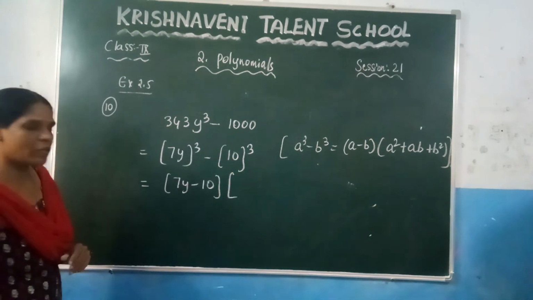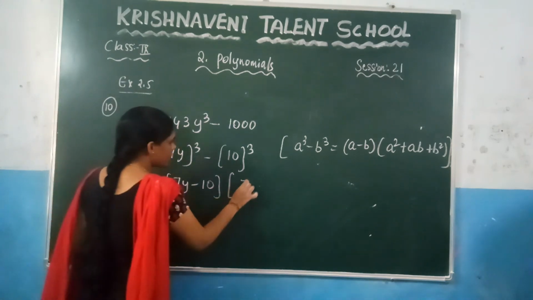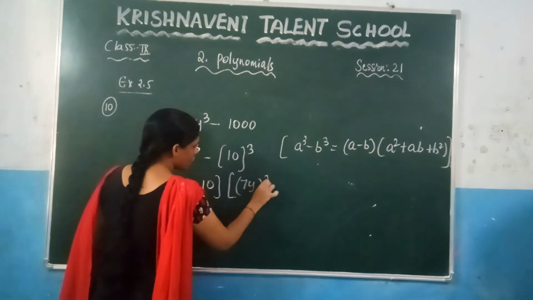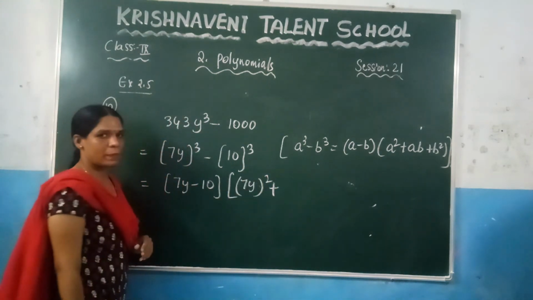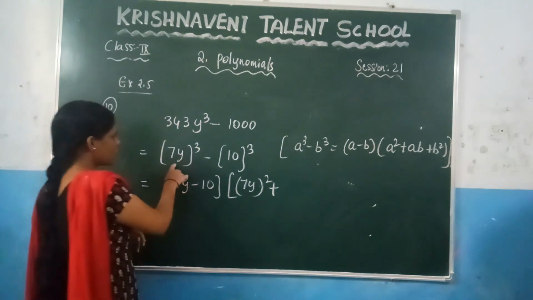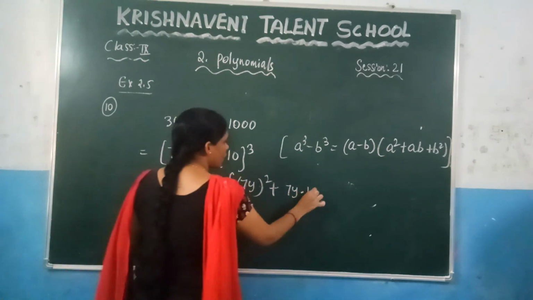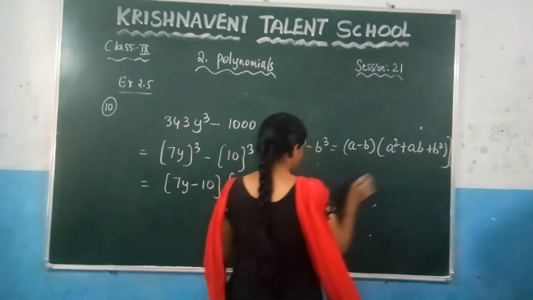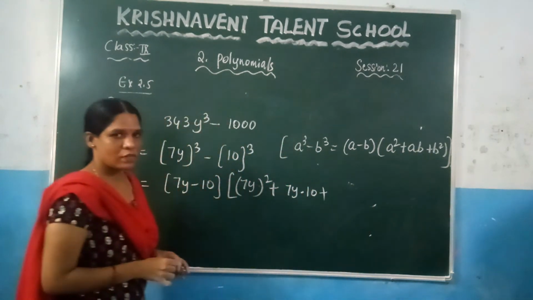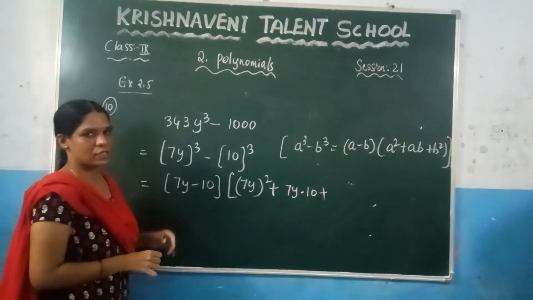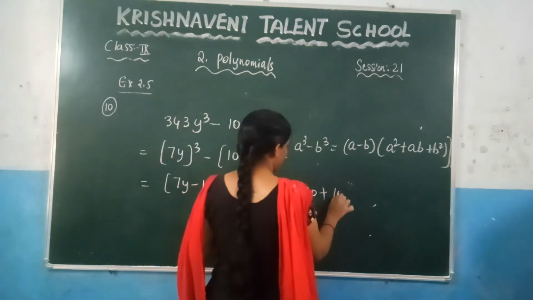What is the value of a, which is 7y, so write it as 7y whole square plus ab. What is the value of a, which is 7y, and what is the value of b, which is 10. And what is the next term, which is b square. So plus here, what is the value of b in this case, which is 10. So write it here 10 square.